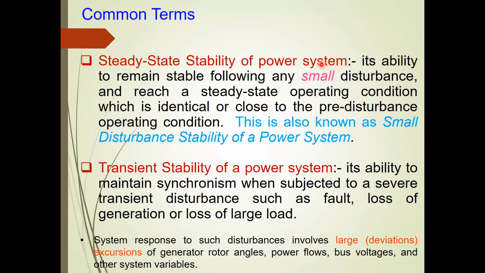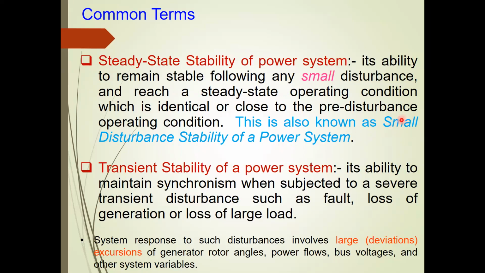So if you have a small disturbance, then the change in the operating condition will also be small, right? And the system will reach the steady state. This we call small disturbance stability.